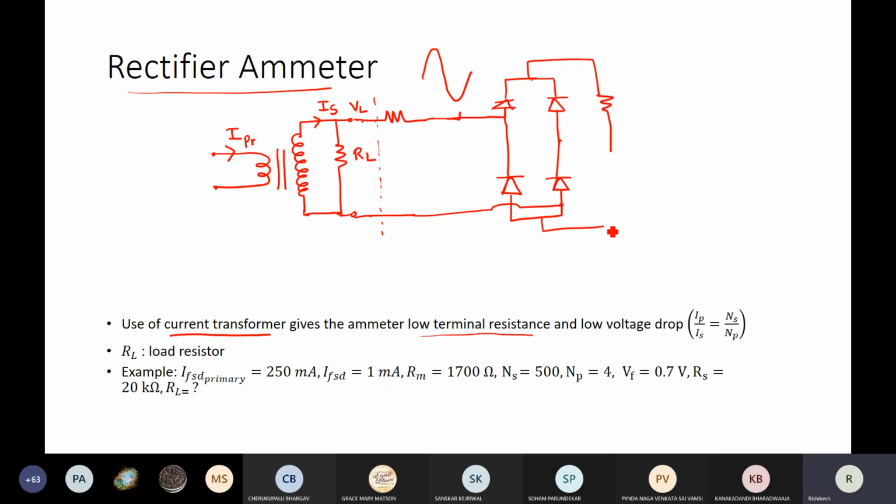Your meter is connected across this. So this is my D1, this is D3, D1, D4, D2.